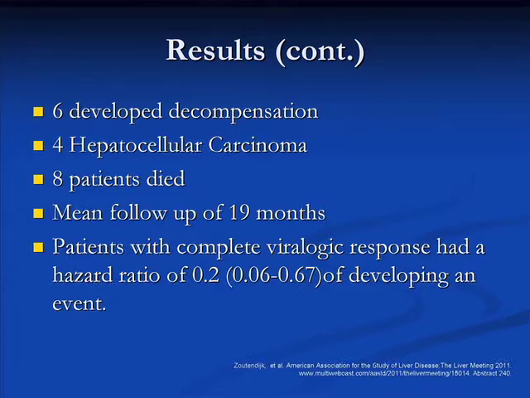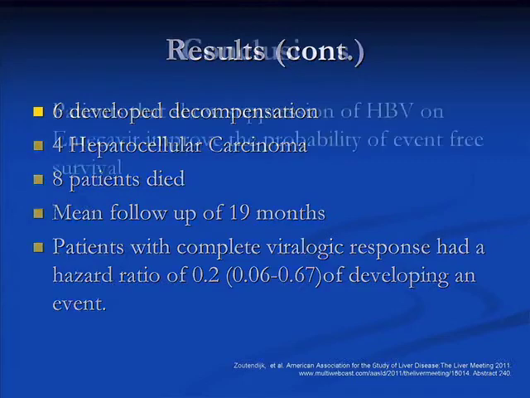What they concluded was that patients with complete virologic response had a hazard ratio of only 0.2 of developing one of the events they looked at: decompensation, hepatocellular carcinoma, or dying. So there was a markedly decreased rate of progression to one of the end-stage events in those patients who responded to the entecavir.